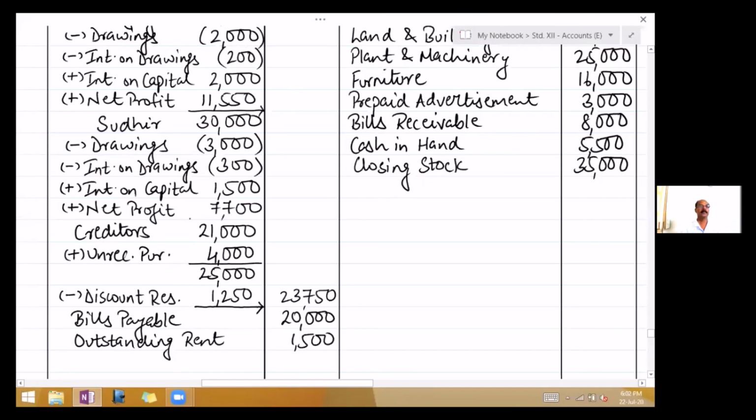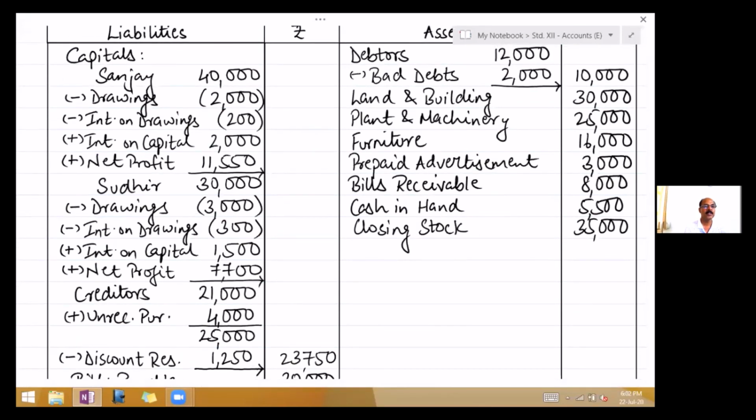Total capital in the outer column. Sudhir, you have a lot of figures to add and subtract. So it should come to 51,350. Yes. Yes, sir.